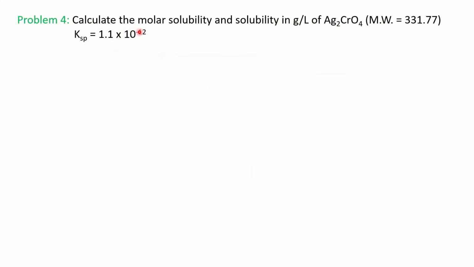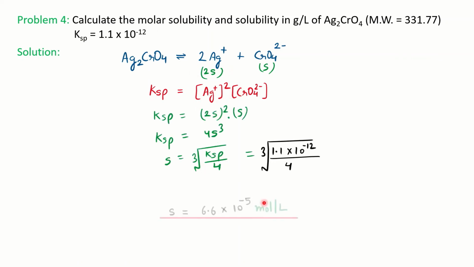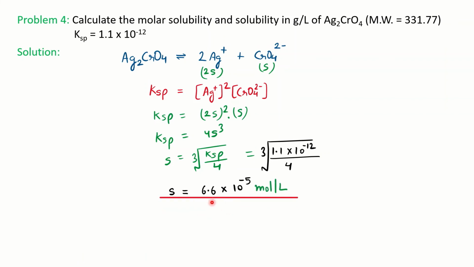In this problem, they are asking for the molar solubility as well as the solubility in gram per liter for silver chromate. Molecular weight is given, KSP is given. We know how to calculate molar solubility, we have solved it just now. Using the same method, you find the solubility, that is 6.6 into 10 to the power minus 5 mole per liter.